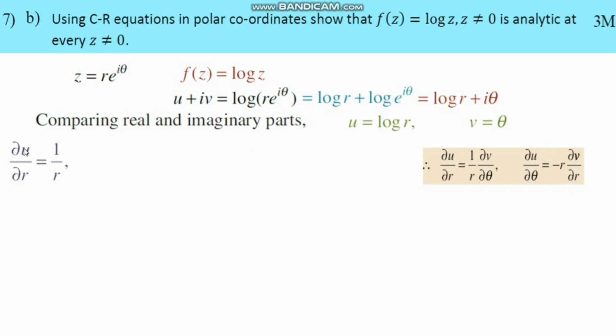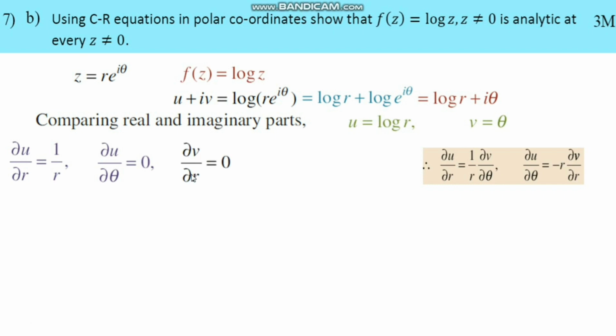Consider dou u by dou r. U is dependent on r, so dou u by dou r equals 1 by r. Dou u by dou theta: u doesn't depend on theta, so dou u by dou theta equals 0, since log r is treated as constant.